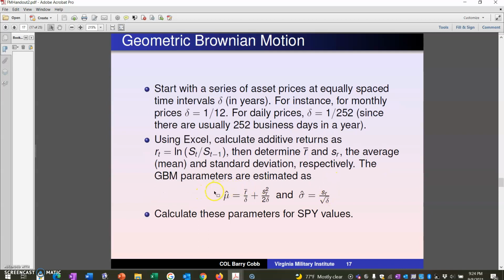We estimate those using these formulas here that are based on the mean of the additive returns and the standard deviation of the additive returns. So we'll enter the Excel versions of these functions.